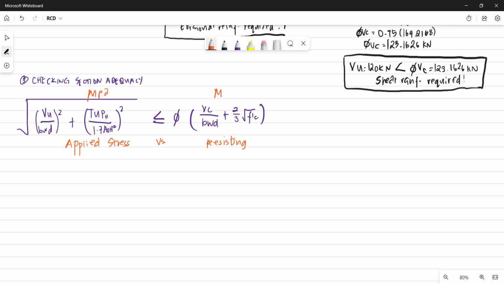This is in terms of MPa also. So let's compute.